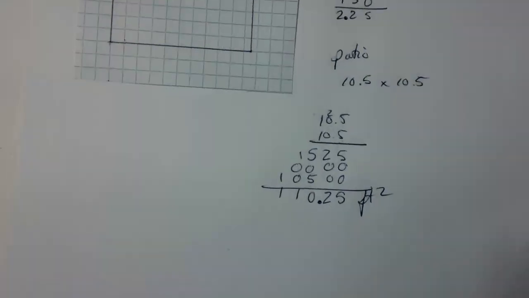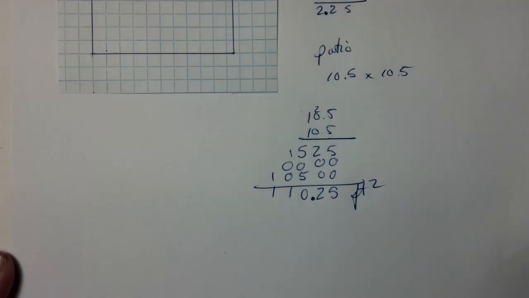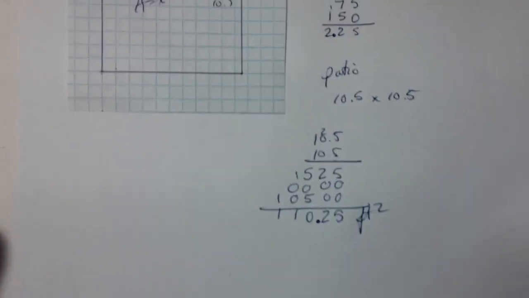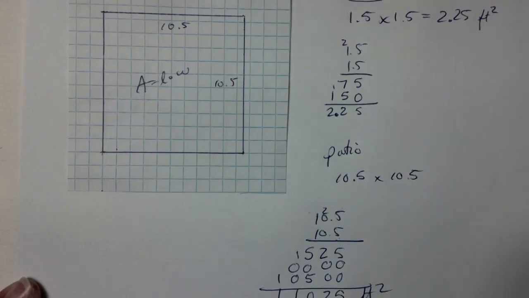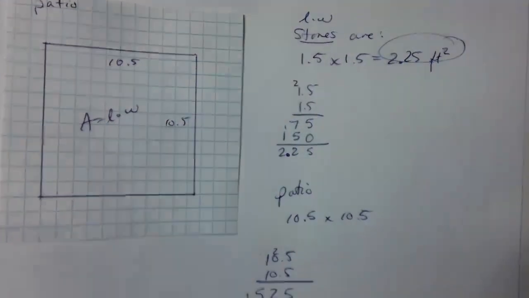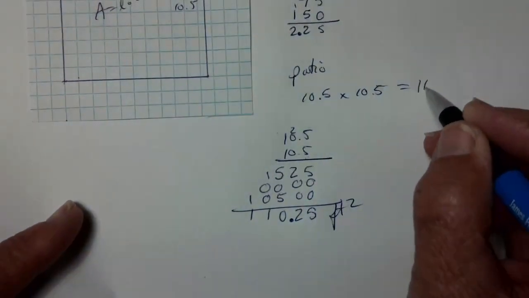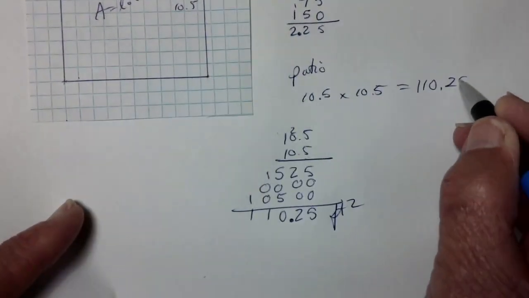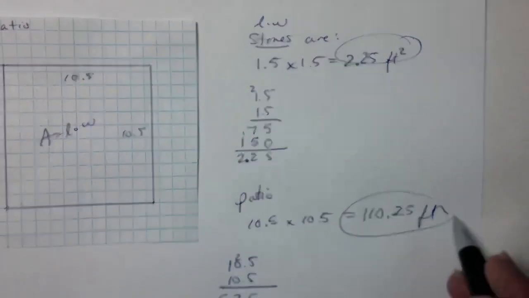So the patio is 110.25 feet squared. The stones are 2.25 feet squared. So now we found the area of each stone, and we found the area of the patio is 110.25 feet squared. There's both of them right there.